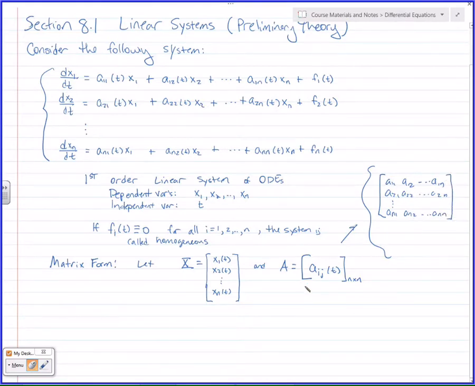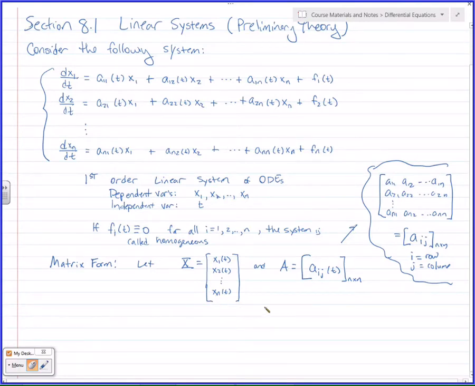That's my way of writing that, where i and j represent the ijth element. i is the row, j is the column, and its dimensions are n by n. So just denote these as the functions that are up here inside that system.